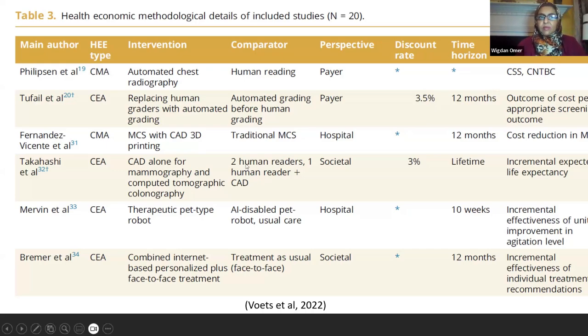Of course, if you have a minimization analysis, your outcome is going to be in terms of preferred intervention. If it's cost effectiveness, the outcome is going to be the cost per effect or per quality. And if it's a utility, it's going to be in QALYs.